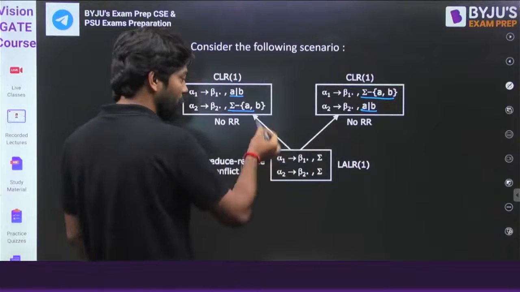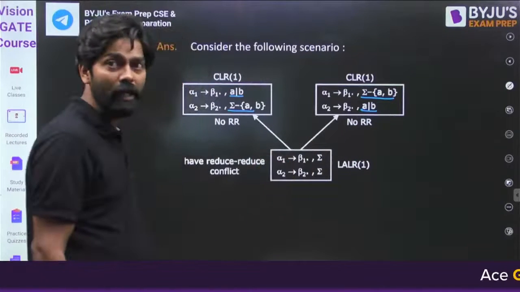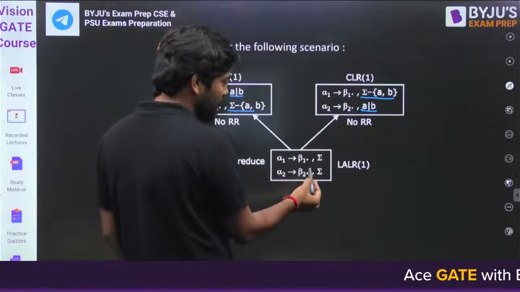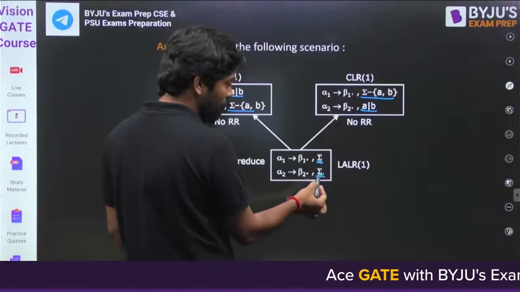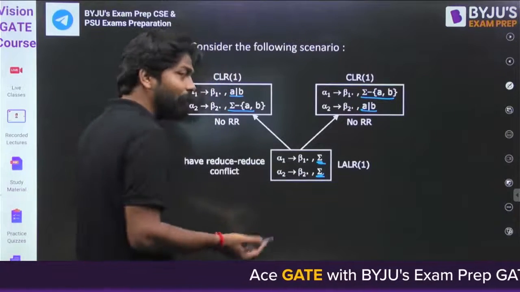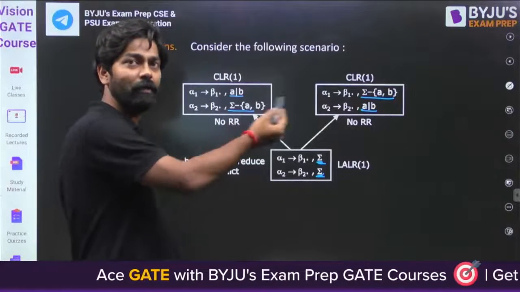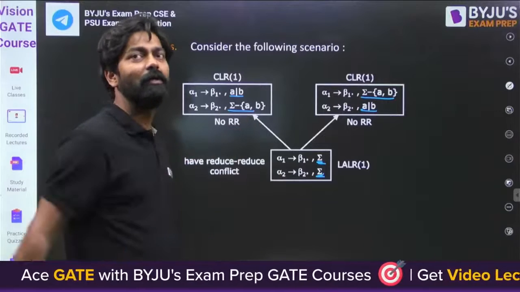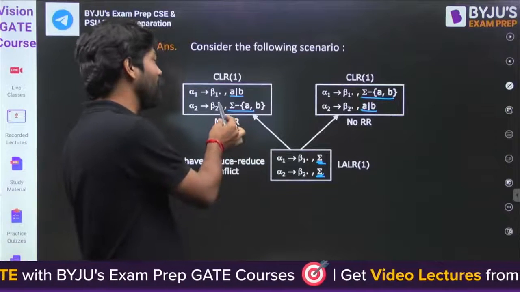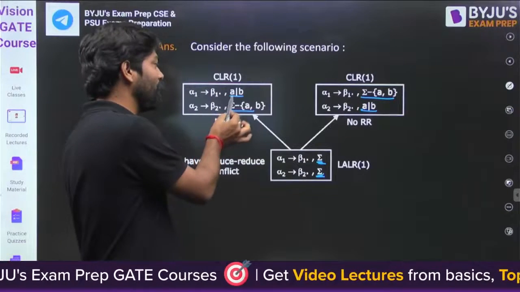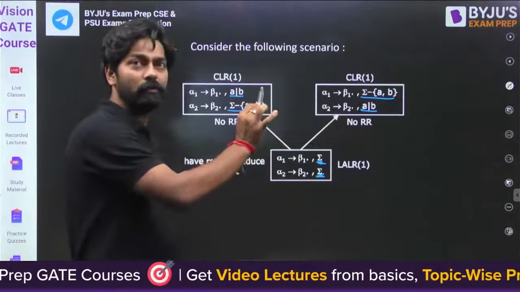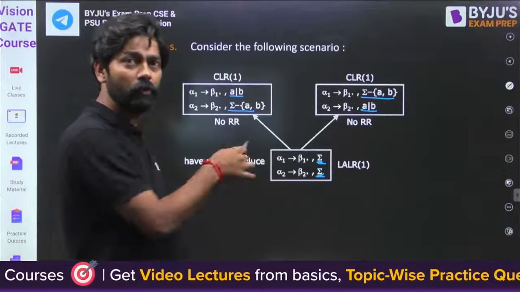But if you merge, my dear friend, what is happening here? See clearly, both are reductions, and on all inputs. So it may be possible that in CLR1 we have different states. After merging, see in CLR1, reduction is there, but the lookahead symbols are different. So in LALR1 what we do, we merge them.